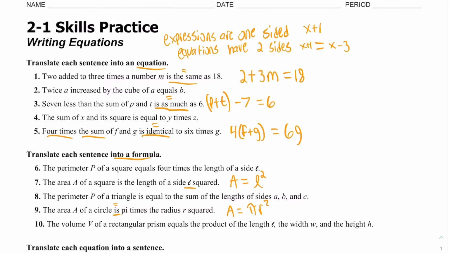This next one could be similar to a test one. I'll do number 10. The volume of a rectangular prism equals the product, so that means we're going to multiply length, width, and height. Since these are all variables, whenever you have letters, you can write all the letters next to each other, and that means that they're multiplying.